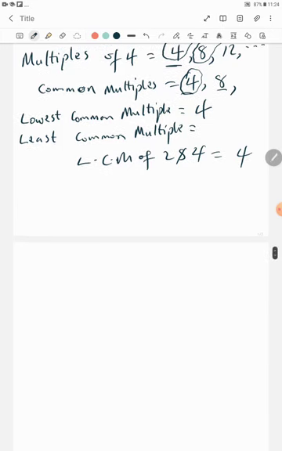Okay, let me give you another example. Let's say we want to find the LCM of 3, 9 and 27. If you write out the multiples, what are the multiples of 3?